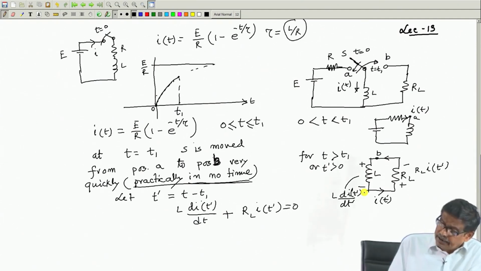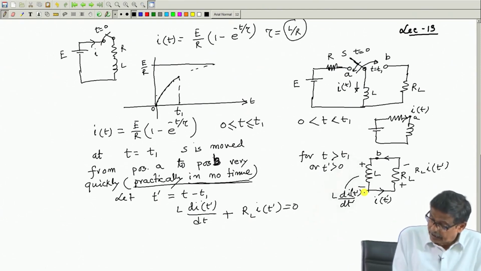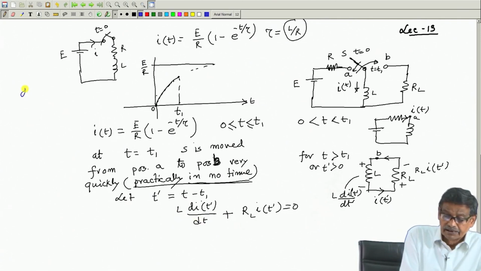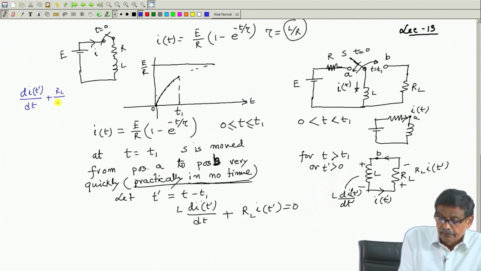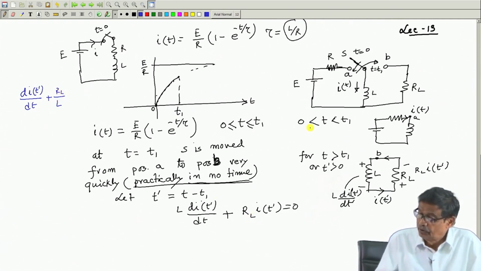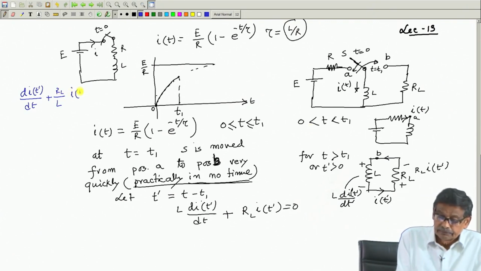So, this is how it will be. This is the differential equation, and then I will solve it. I will solve it on this page only, so that you understand what is going on. Like the previous one, I will divide by L both sides, d I t dashed d t dashed plus R L by L I t dashed is equal to 0.